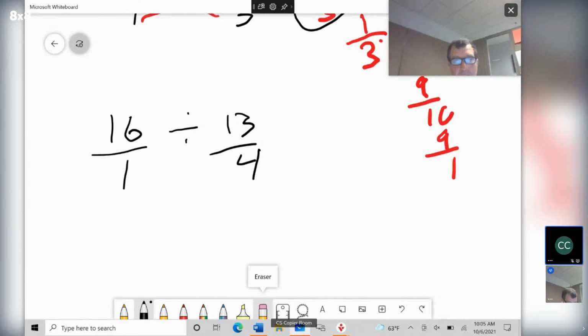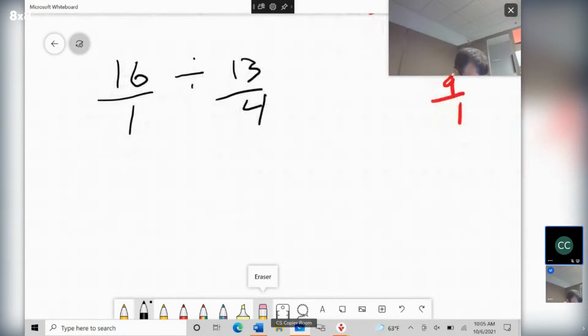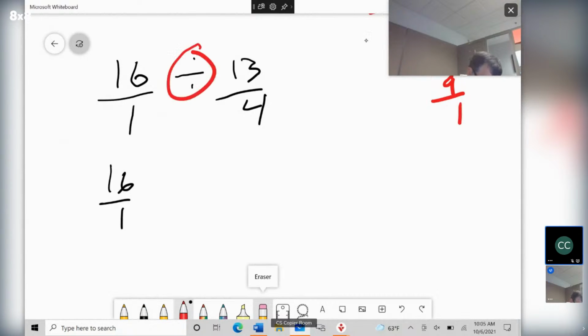Then we keep 16 over 1, change the division to multiplication, and flip 4 over 13. We might want to check, can we do any cross canceling? It doesn't look like it, so just multiply across.